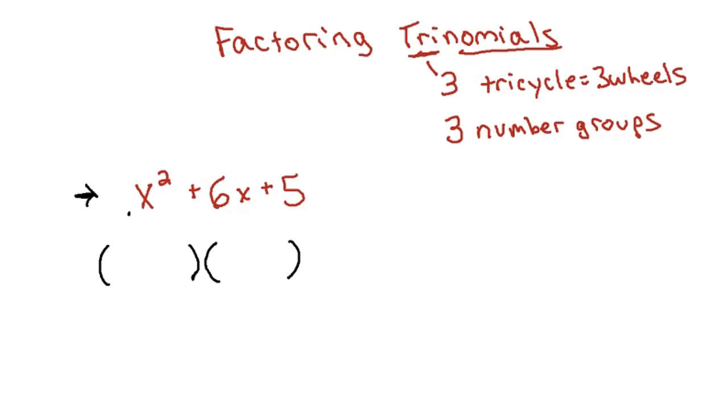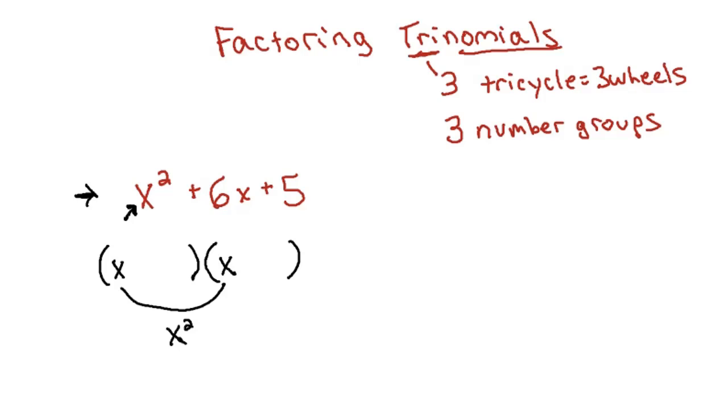Now this x squared, the only thing times another thing that's going to end up x squared is x. So we're just going to go ahead and put these x's at the beginning of these parentheses because x times x equals x squared. So we have that already.